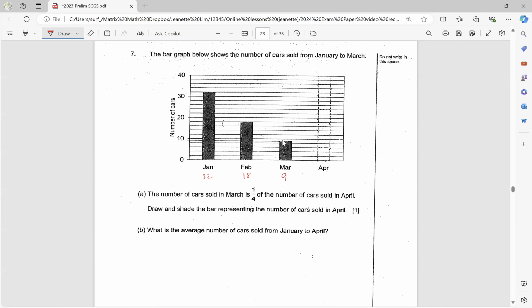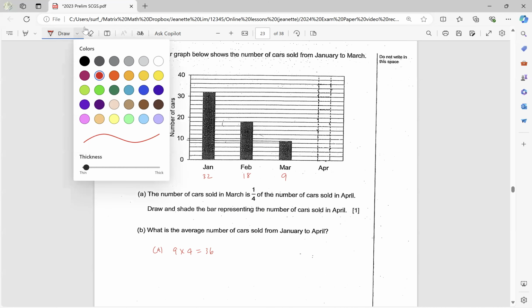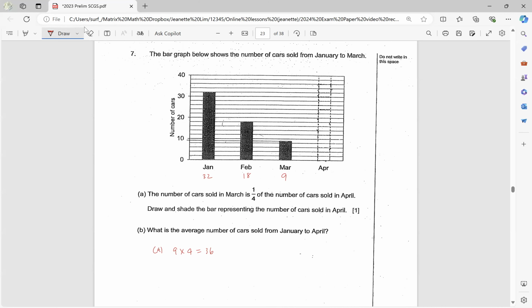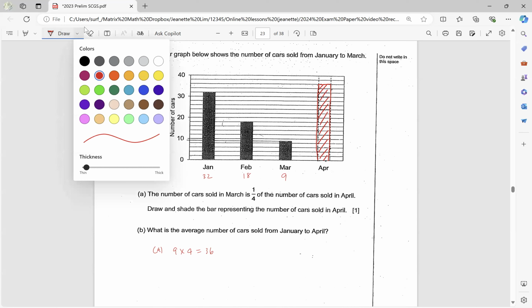So April must be 9 times 4, which is 36. So you're supposed to draw a bar graph that goes up to 36. So it should be here. It should look something like that.